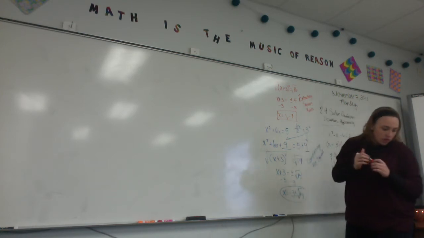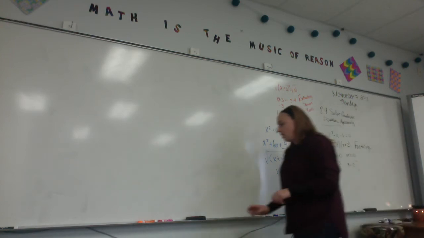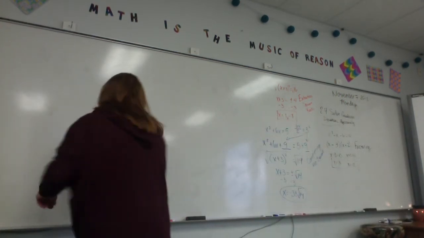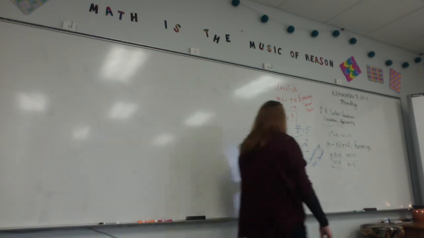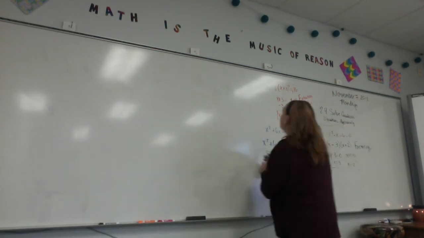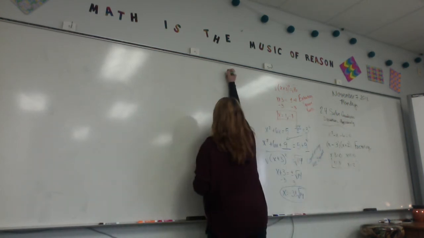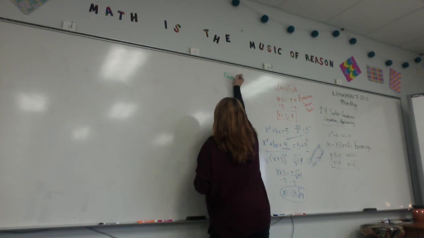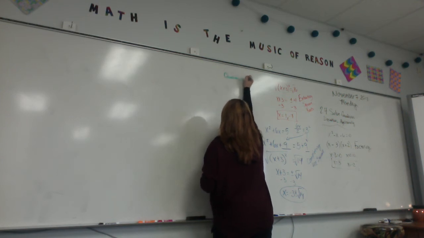Okay, and then there's one more. This one takes the longest, but it should be easier because you should remember this. Do you remember what the quadratic formula is? Negative b plus or minus something.